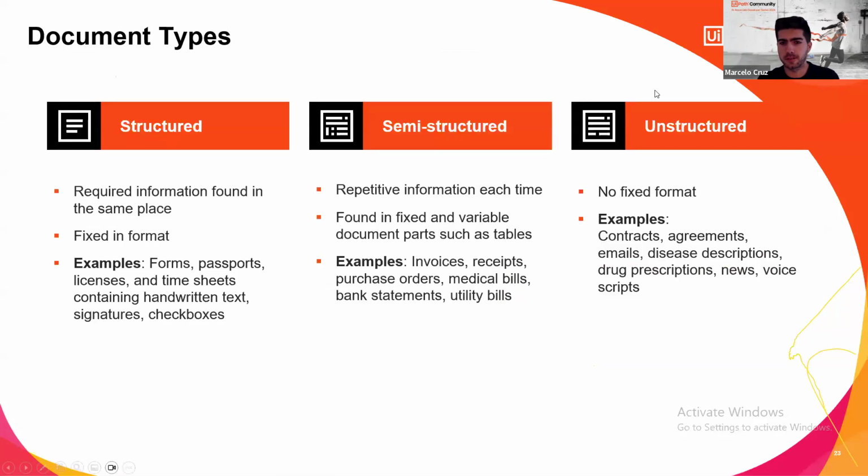If we look at invoices from different companies, we will see that they share the same core data: the date, the invoice number, the items with the description, total, and quantity. But then the layout, the template of these documents, normally changes. And so that's a semi-structured document.